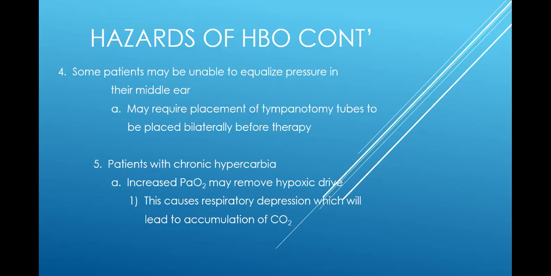So they put the tubes in there, then put them in the therapy so that the pressure doesn't cause a problem. Because they don't know how to pop them by yawning. And so sometimes we have to put those tubes in their ears to equalize the pressure and then put them into hyperbaric therapy.